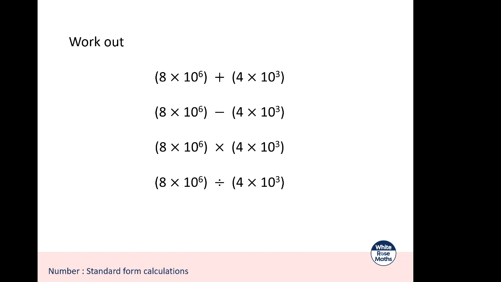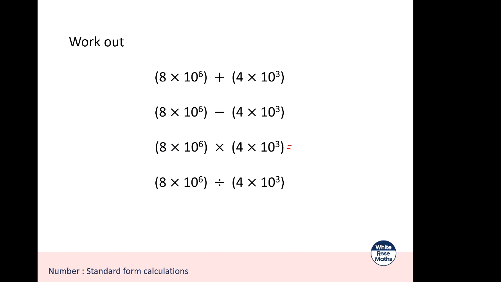Now looking at adding, subtracting, multiplying, and dividing in standard form. Let's do multiply and divide first because it's a bit easier. Work out 8 times 10 to the 6 times 4 times 10 to the 3.